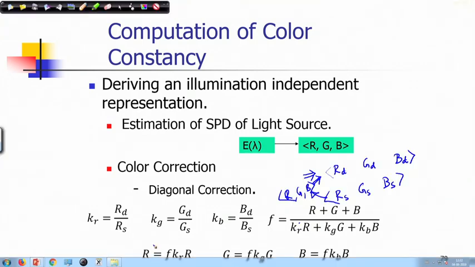So, I write the updated values: r prime is f k r times r, g prime is f k g times g, and b prime is f k b times b. This is how you can perform this kind of color correction.